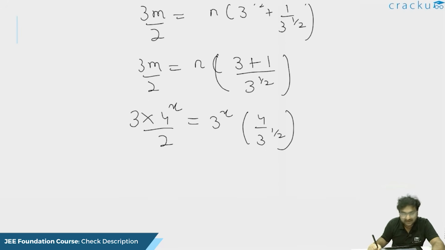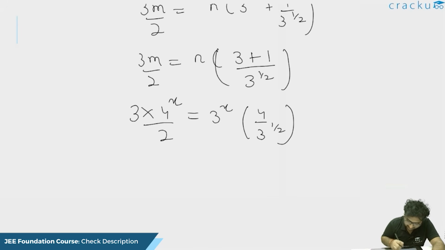Now we can compare the coefficients. Let me compare. 3 into this, 4 to the power x is 2 to the power 2x, and this 2 is in the denominator, so minus 1 is equal to 3 to the power x minus 1 by 2 into 2 square.